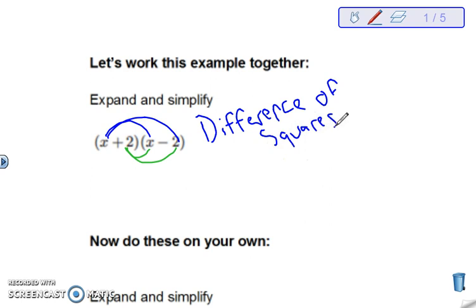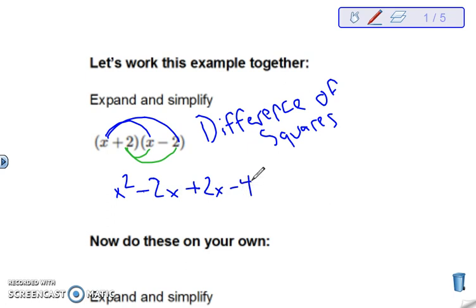So basically we're doing the same thing we just did. x times x, x squared, x times 2, it's going to be 2x, so minus 2x plus 2x minus 4.